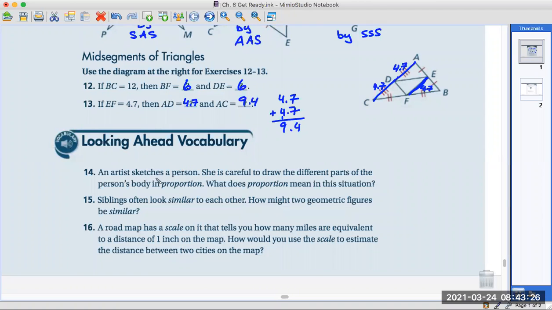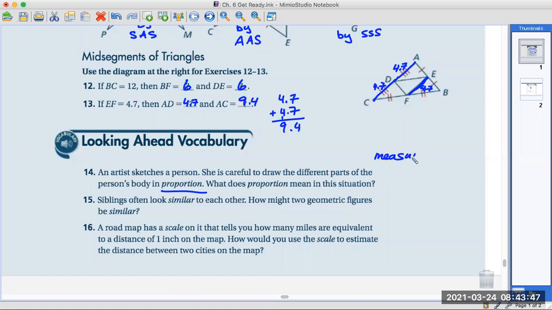An artist sketches a person. She's careful to draw the different parts of the person's body in proportion. What does proportion mean in this situation? Well, it means that the length, the measurements, they all look the same, but smaller, right?